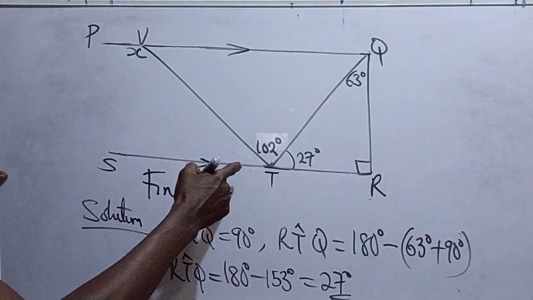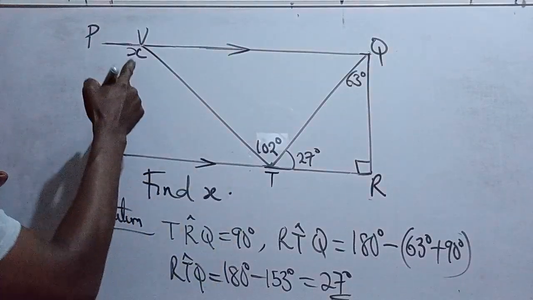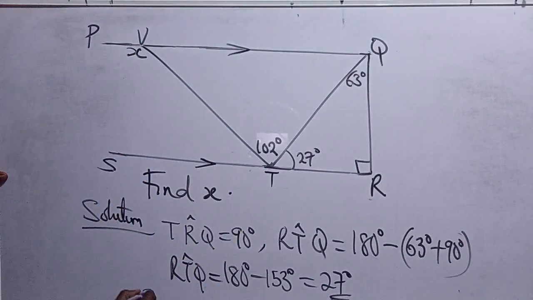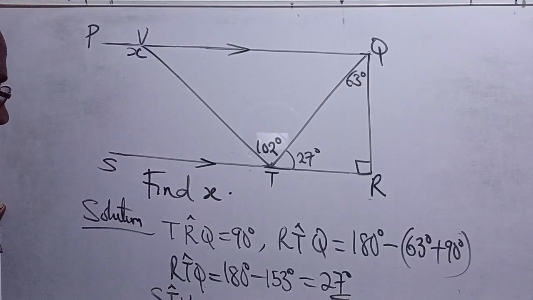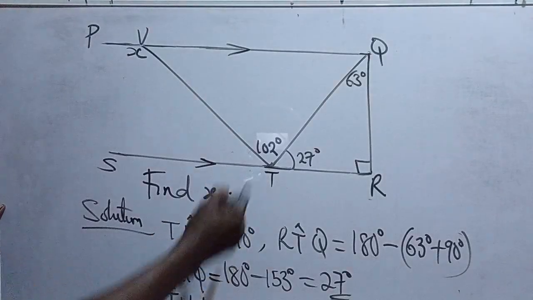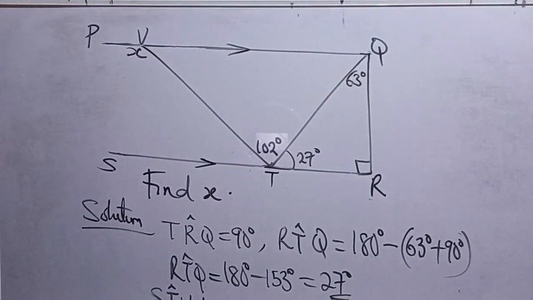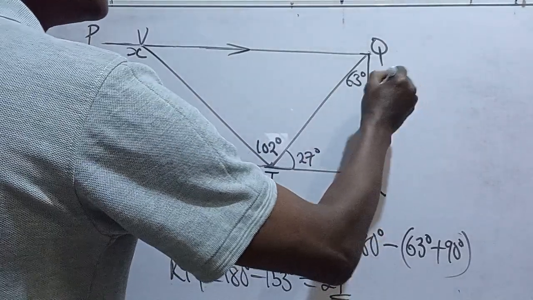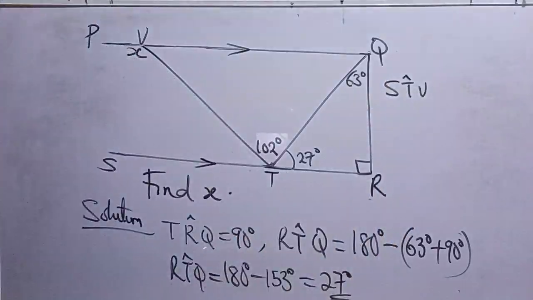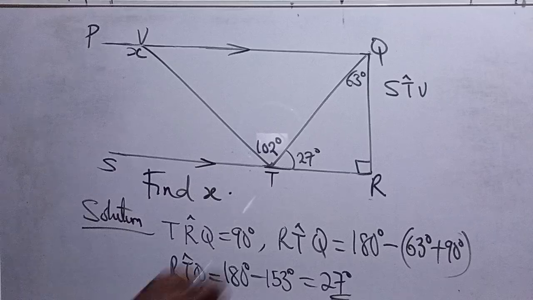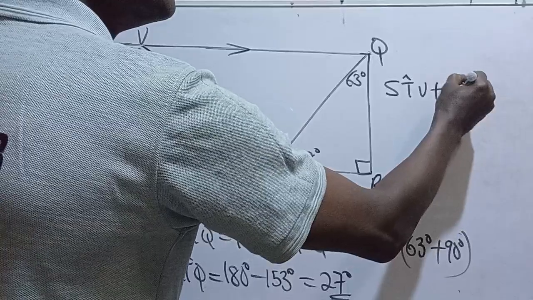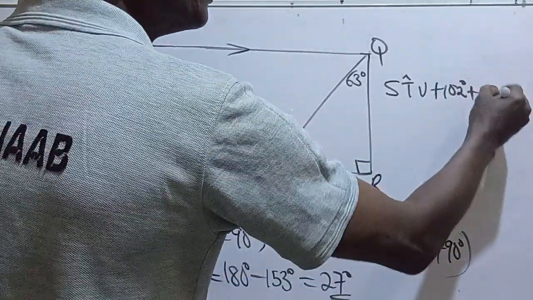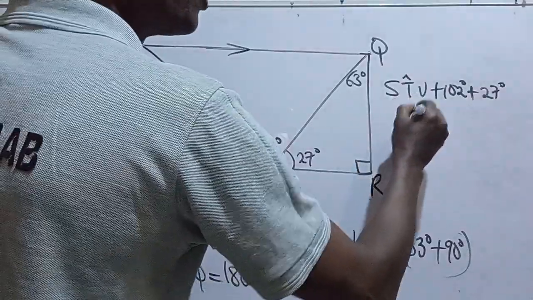Let's say angle STV plus 102 degrees plus 27 degrees should be equal to 180 degrees.